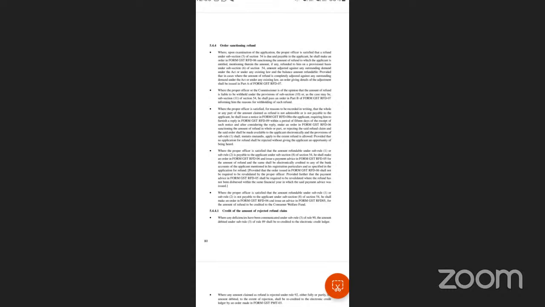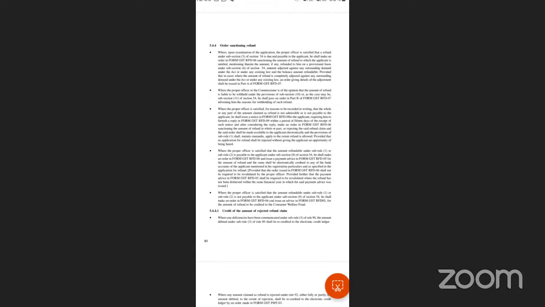So any refund he wants to withhold, he will state the reason why he wants to withhold the amount. And if the refund is not admissible to the applicant, the proper officer shall issue a notice in the form GST RFD 08 to the applicant requiring him to furnish a reply in the form GST RFD 09.